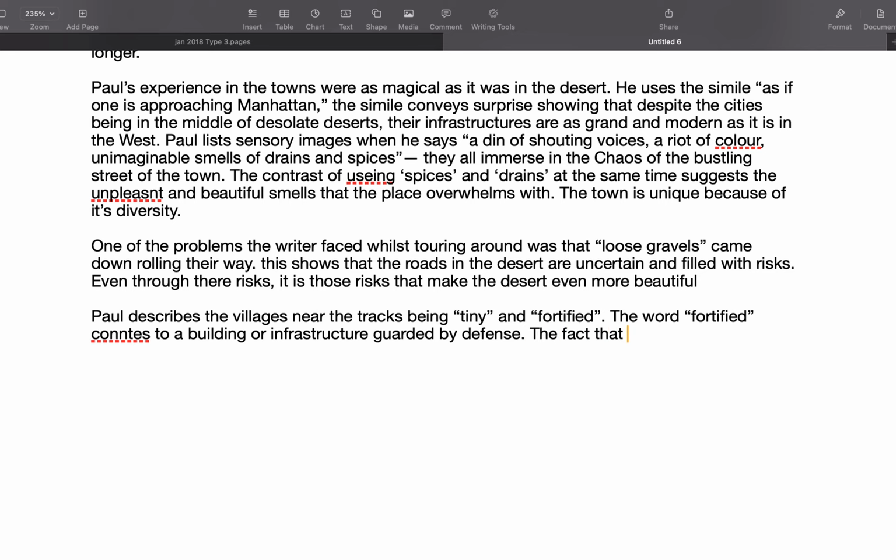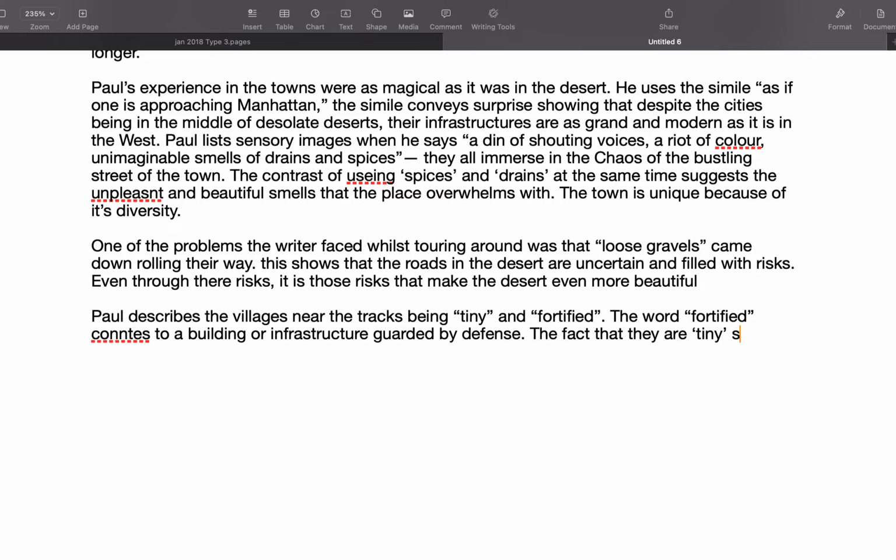The fact that they are tiny, again, everything the writer says has an effect. The fact that they are tiny shines light on the fact, or we said that a lot, so we can change that.